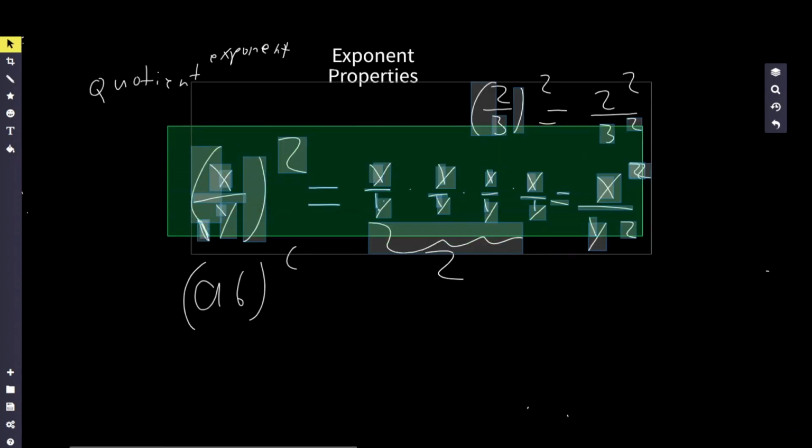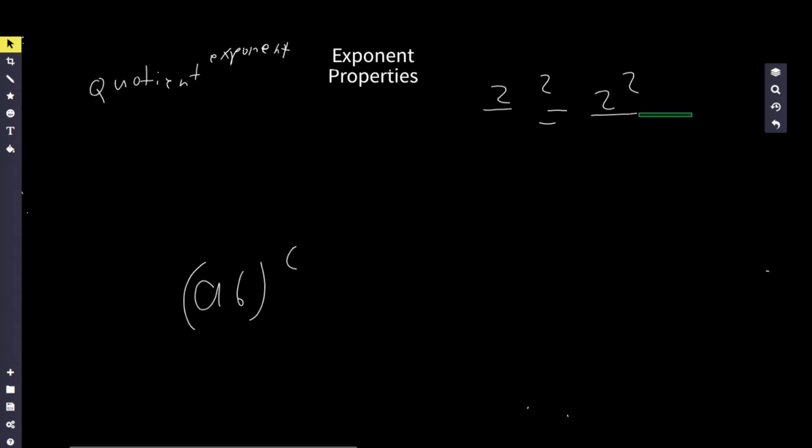Okay, now one thing that people often forget, including me, is that the exponent rules go in both directions. So if we have a times b to the c power from our previous example, that's a to the c times b to the c. This goes in the other direction here.